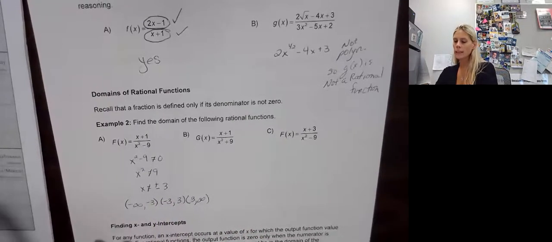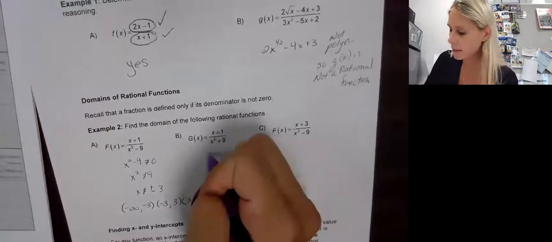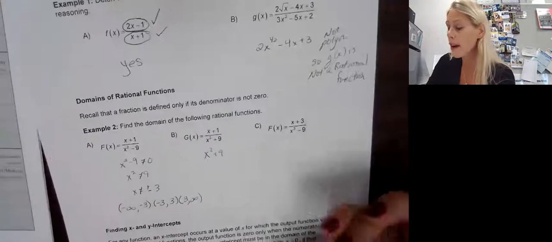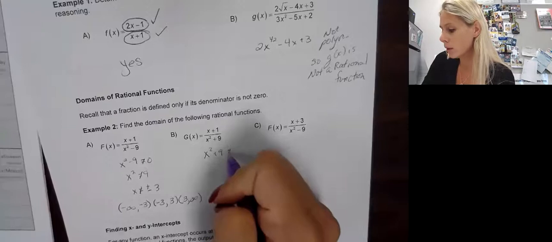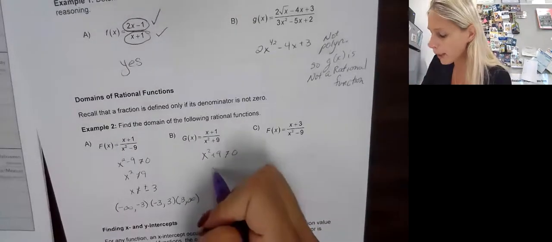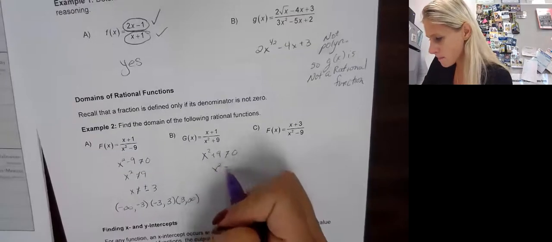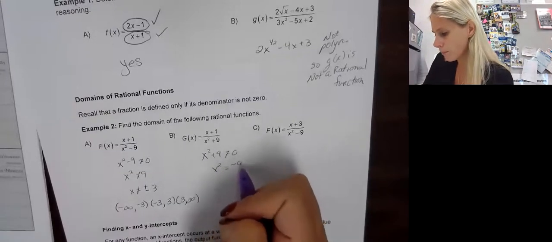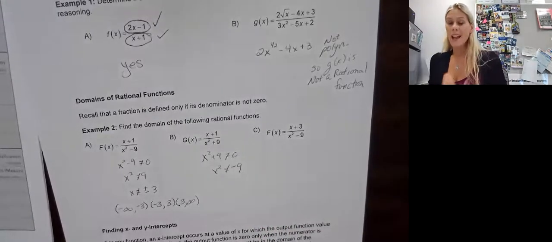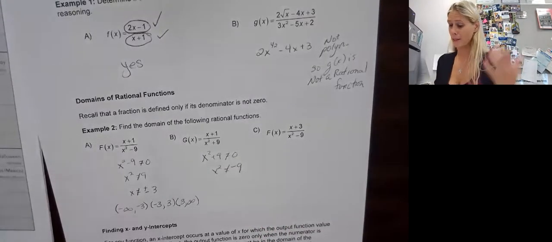Okay, now let's look at B, which is g of x. Again, I'm going to take x squared plus 9, which is in the denominator, set it not equal to 0 because that's what we don't want it to be. But as I solve for this, we get x squared can't equal negative 9. Well, a squared number will never equal a negative number, right?